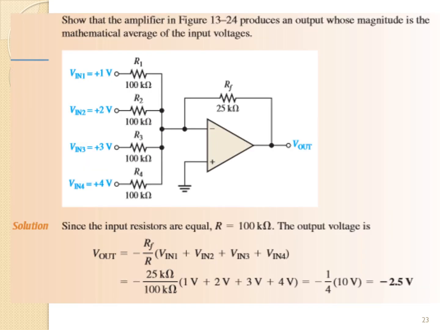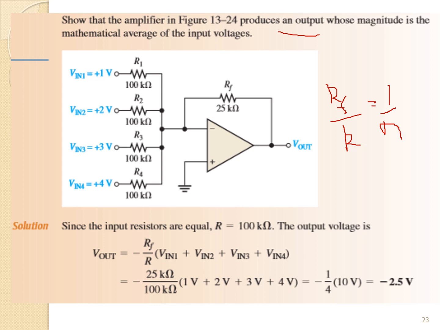Show that the amplifier in the figure produces an output whose magnitude is the mathematical average of the input voltage. So the general formula is RF over R is equal to 1 over N, where N is the number of the inputs.